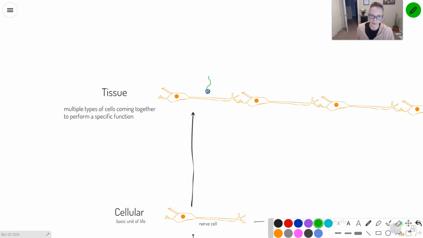Maybe he's coming in and he's got his little foot, and his little foot wraps around here. Let's just say it looks like that. I drew that real simple, but you get the idea. And these would, of course, be found on all of these. So now we got these multiple cell types coming together to perform this function.